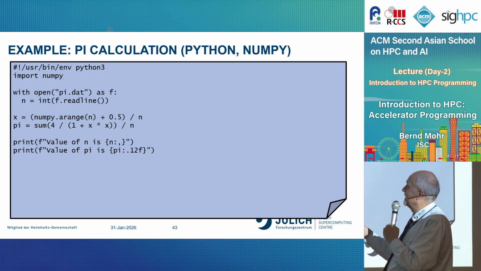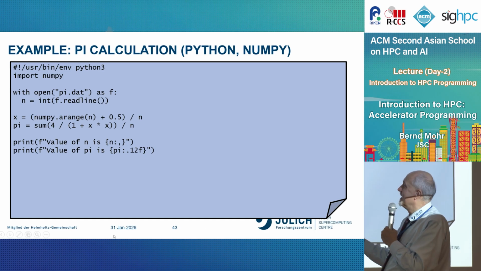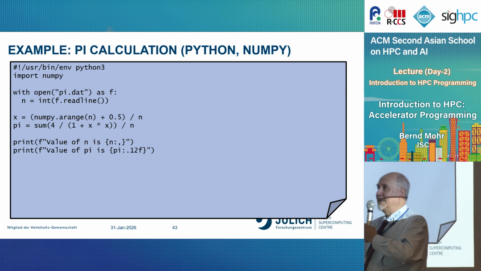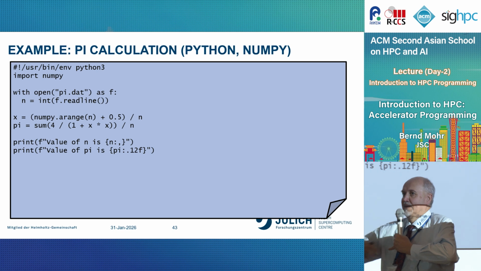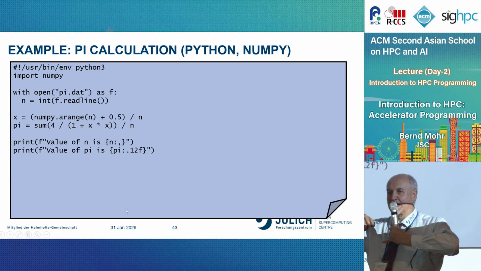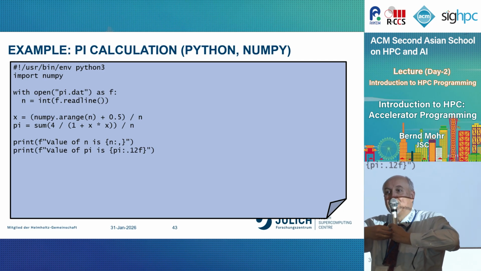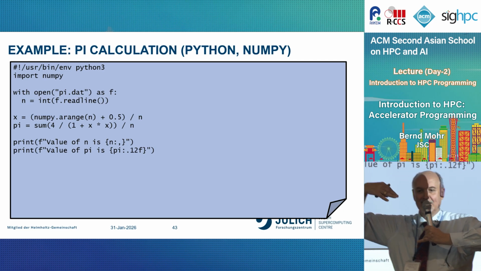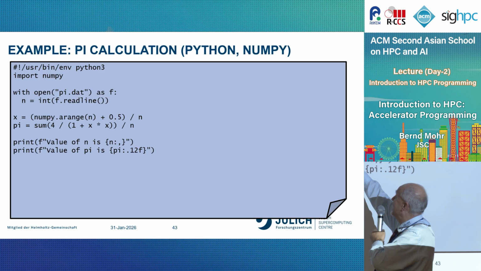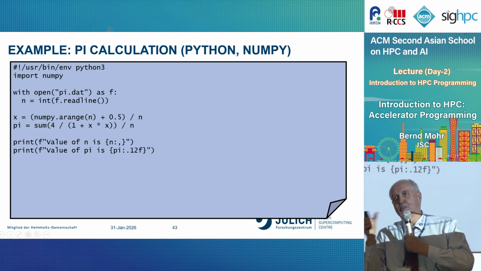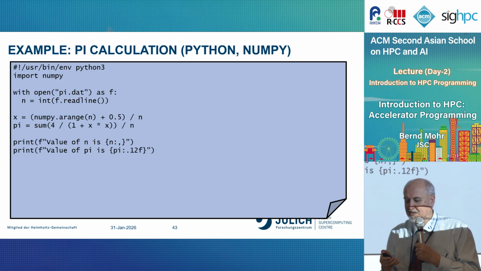You take a vector, in each element of the vector you add 0.5 and divide the whole thing by n. And then here you take the sum and divide by n. So everything which is a loop in normal Python, you make it a statement of what the loop is calculating on a vector level. You have to know how to write this vector expression in NumPy, but then it can use vector operations in the processor to make it quick.